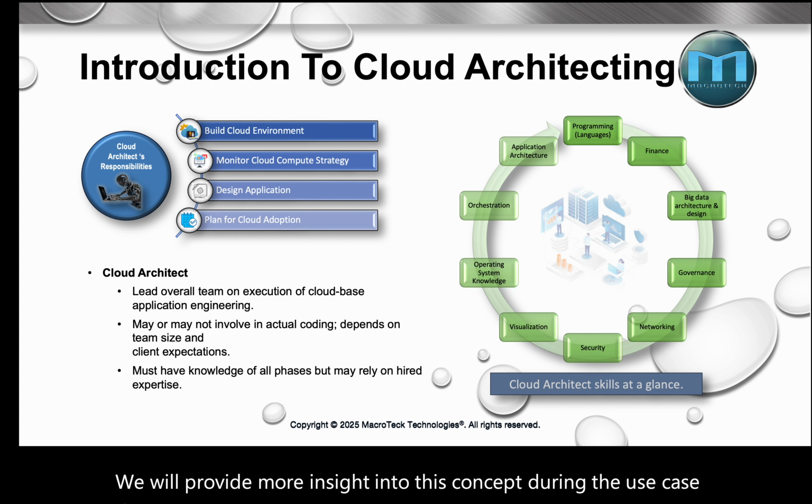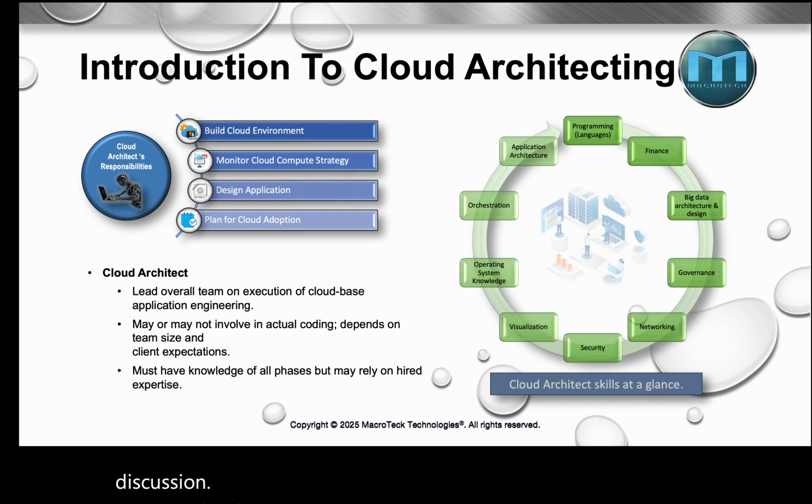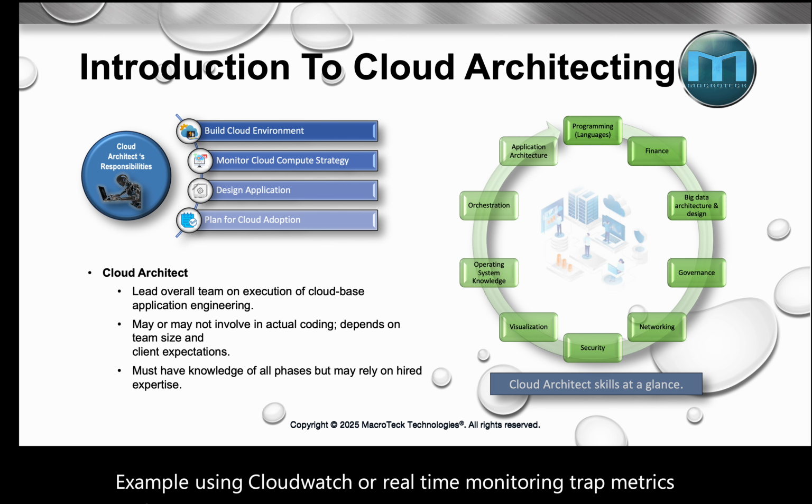Monitor cloud compute strategy. Example, using CloudWatch or real-time monitoring. Track metrics such as CPU utilization, memory usage, and disk I/O to ensure the performance and health of the EC2 instances. Set up auto scaling with CloudWatch alarms.